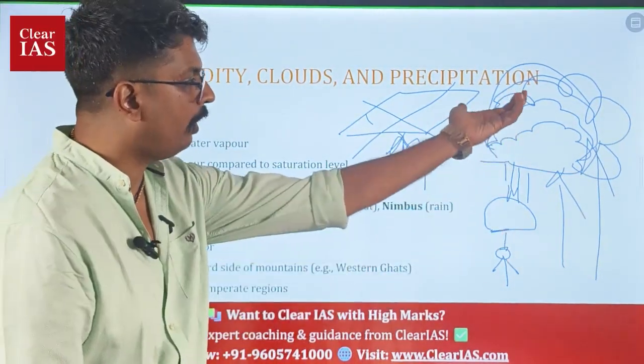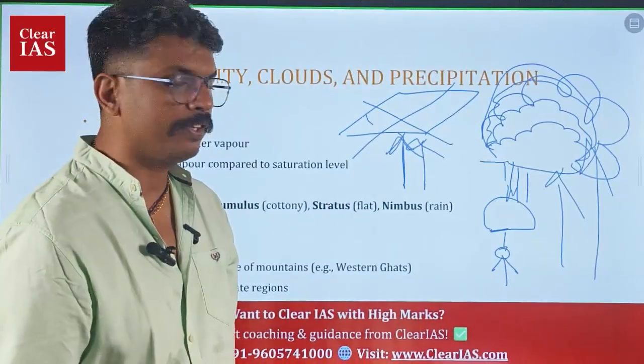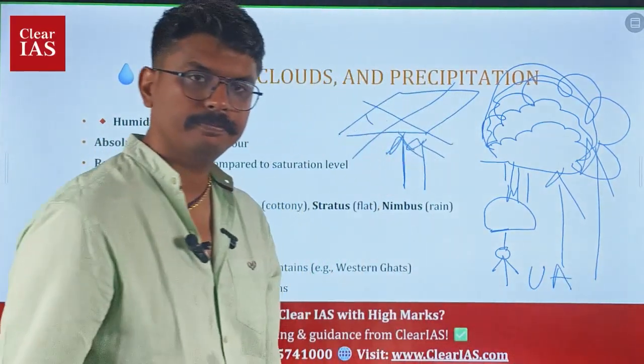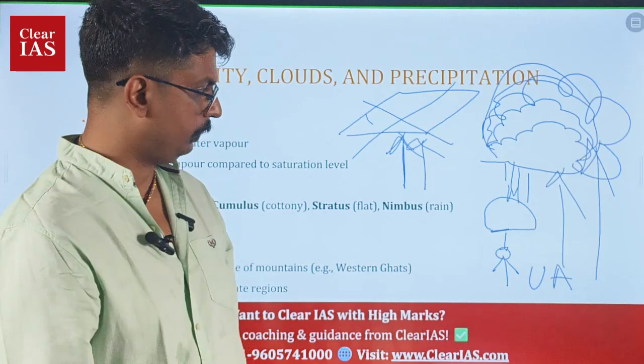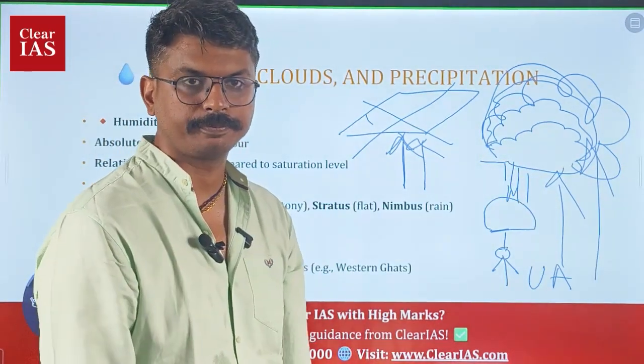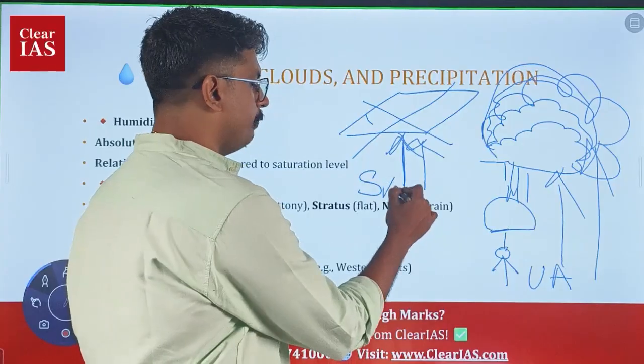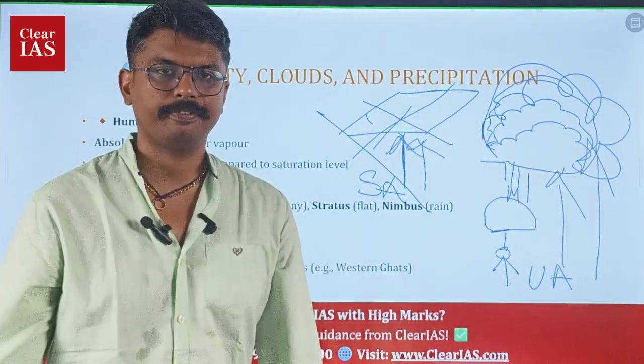And we call such an atmosphere an unstable atmosphere. There is a chance of rainfall. Such a kind of atmosphere, we call a stable atmosphere, no chance of rain.